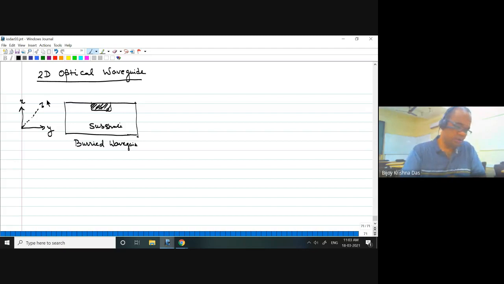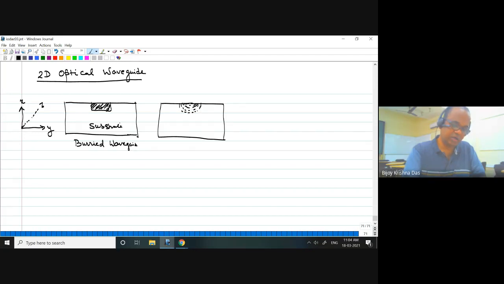Now another type of waveguide, this can be a completely different material, and it is a step-type refractive index. Another type of waveguide we can think of is like this. You have a window opening and then you do some kind of diffusion doping and so on. This is showing the refractive index profile.